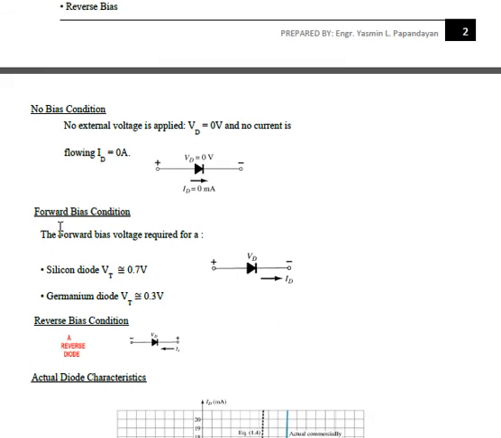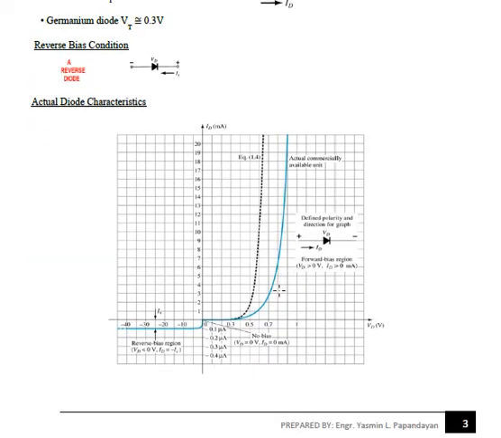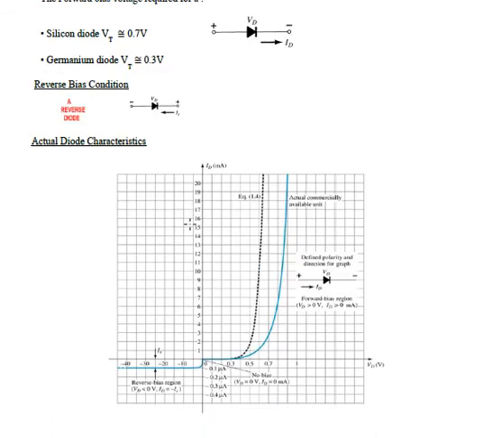And for the forward bias, there is current na, no, pero voltage is approximately equal to 0.7, or for the germanium approximately equal to 0.3. And for the reverse bias, there will be no current, no, and the voltage is concentrated on that diode. Okay, so it acts like an open circuit.